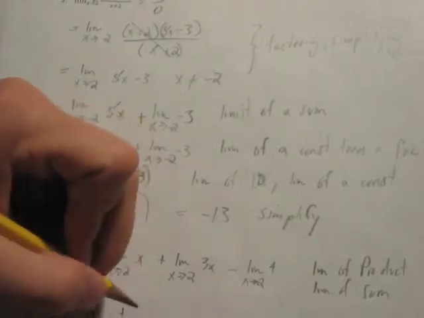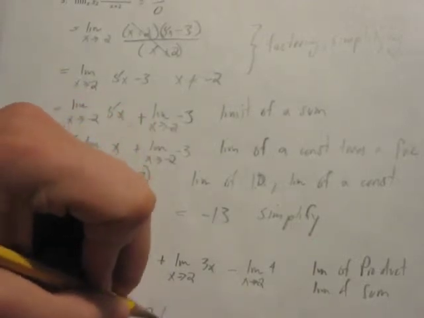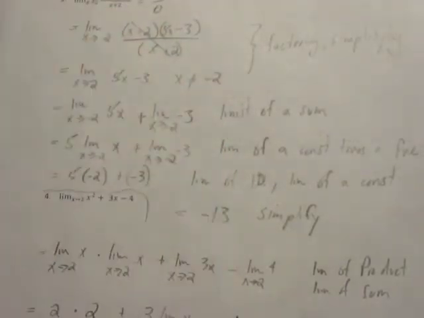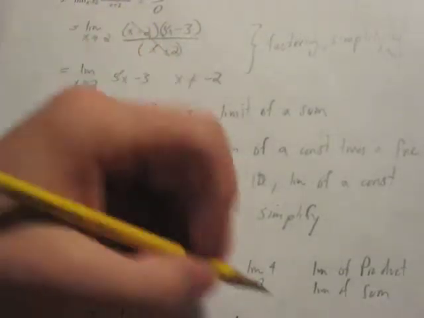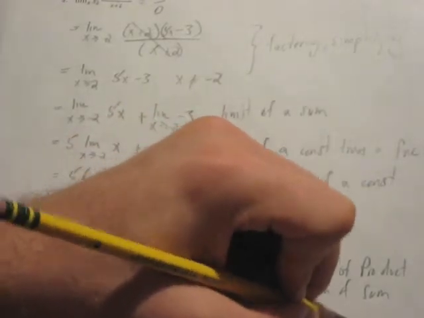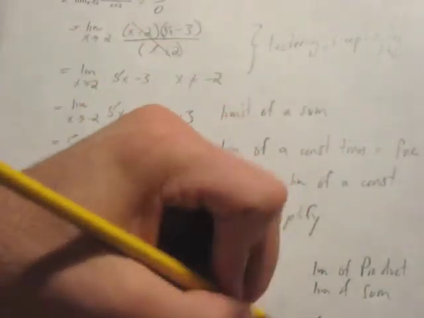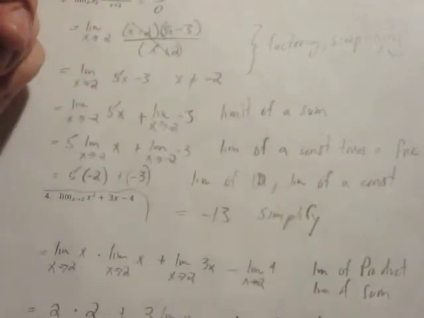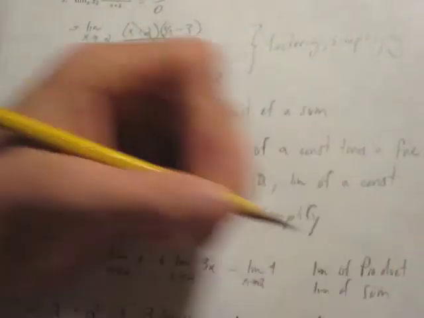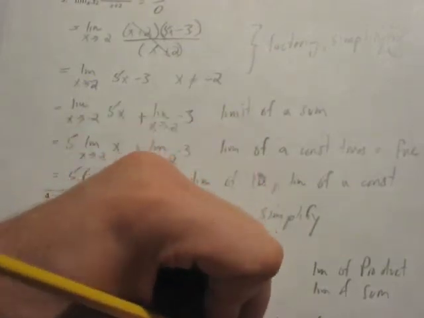This I can change to 3 times the limit as x approaches 2 of x, minus, and why not use the limit of a constant right now. So I just used 3 limit properties. One was limit of the identity function. One was limit of a constant times a function. And one was limit of a constant.